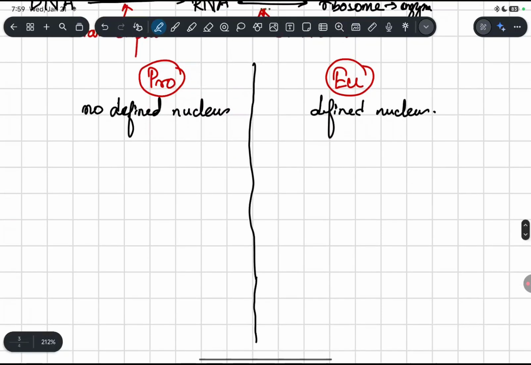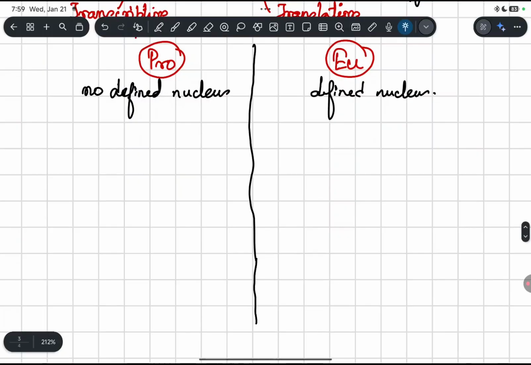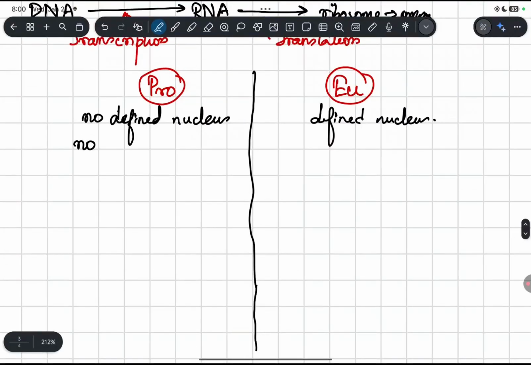In the prokaryotic cell, the genetic material floats randomly. There is no compartmentalization; the cell organelles and the others float randomly, as I said.